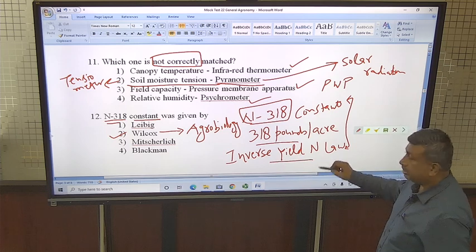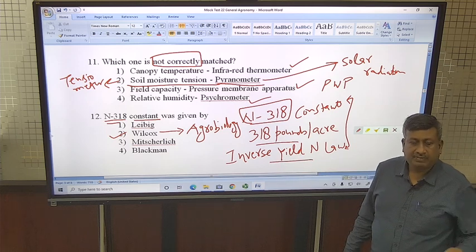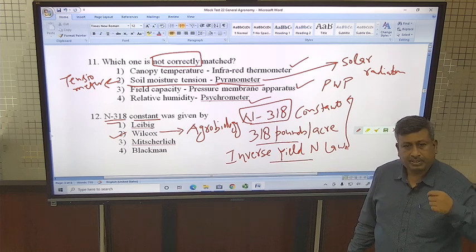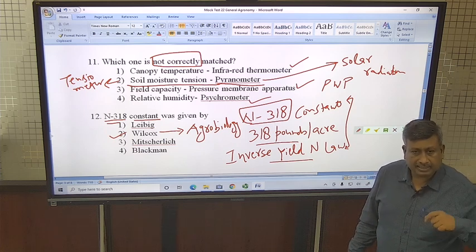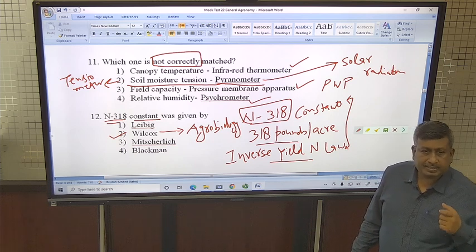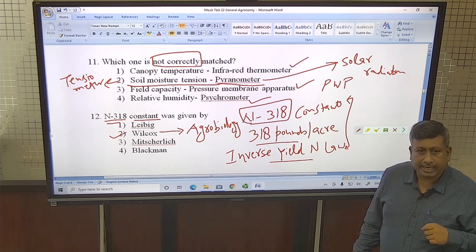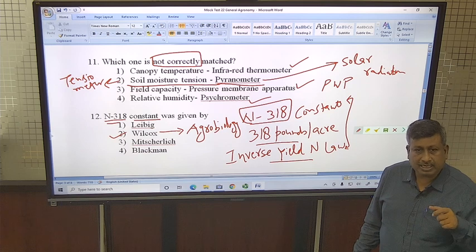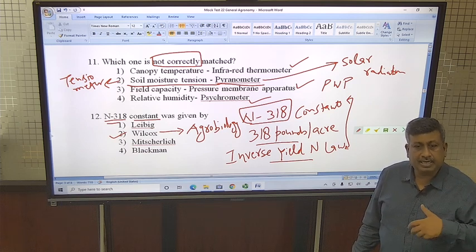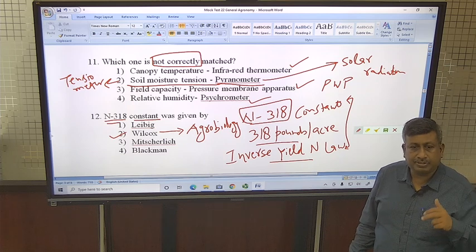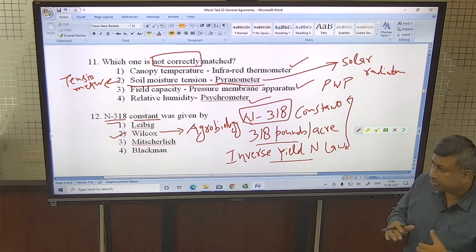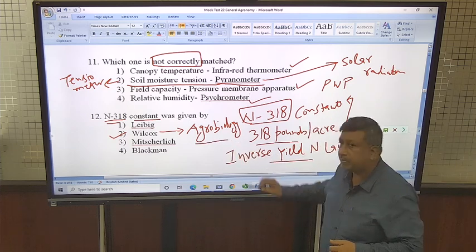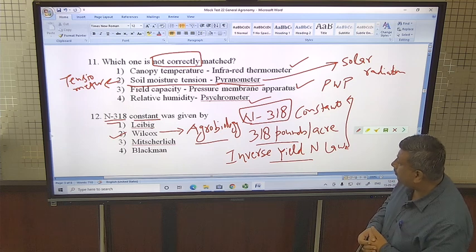According to the inverse yield nitrogen law, if yield increases, then the nitrogen content in the plant decreases. For example, pulse yield is low as compared to sugarcane, so its nitrogen content is high. But in sugarcane, yield is very high and its nitrogen content is low. So these laws were postulated by Wilcox, who developed a new science, agrobiology. This question may be asked: who developed agrobiology?